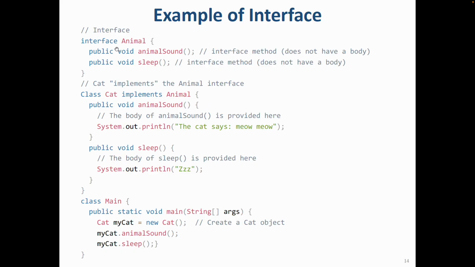So let's say we have this interface Animal in which we have these functions, animal sound and sleep. And then we have this Cat class which implements Animal. So then we have to define this animal sound function and the sleep function. And then we can call it and use this one. So this is the basic simple example.